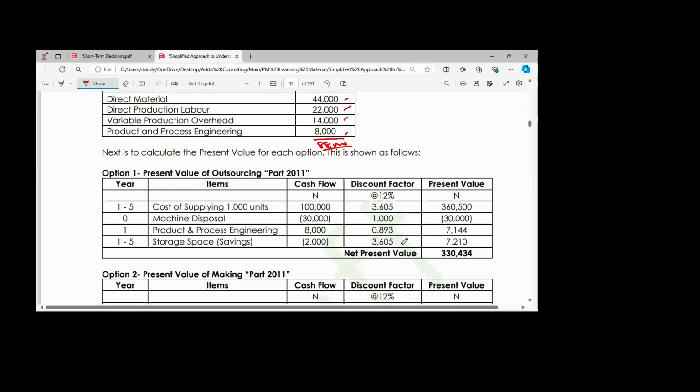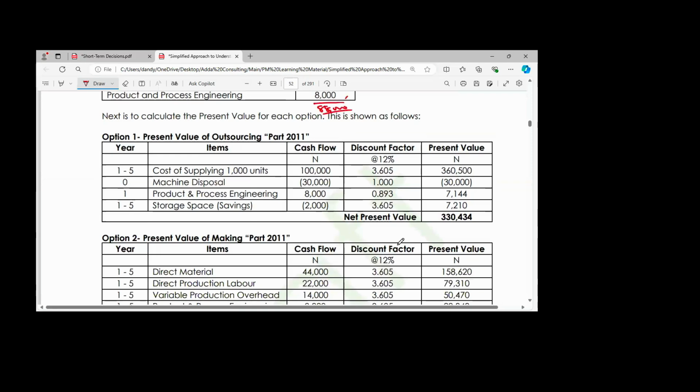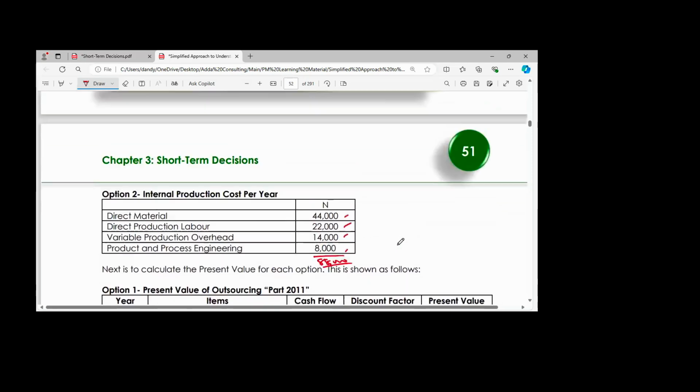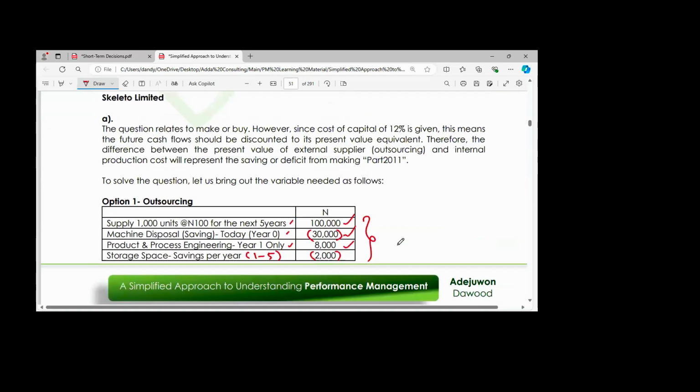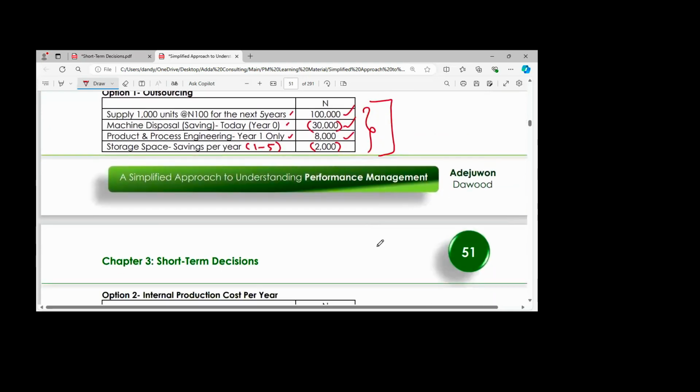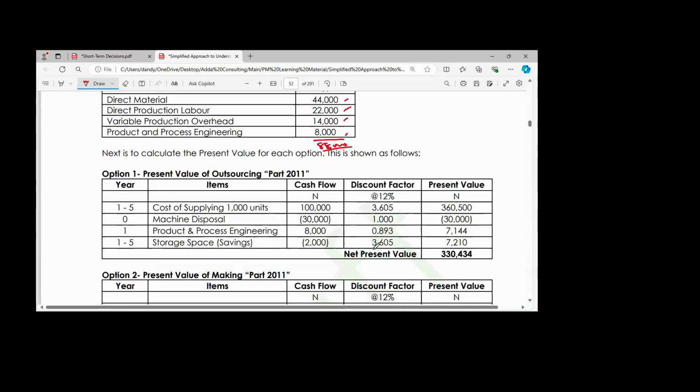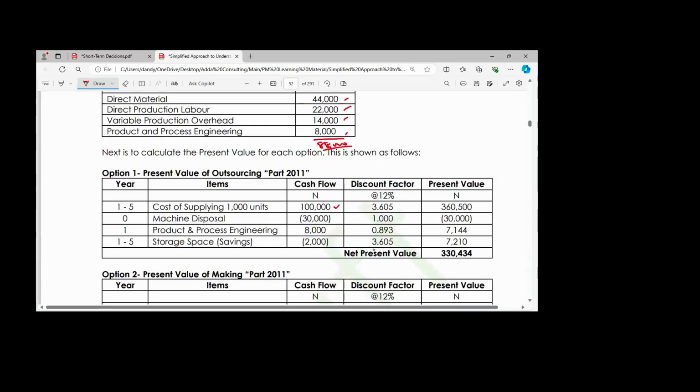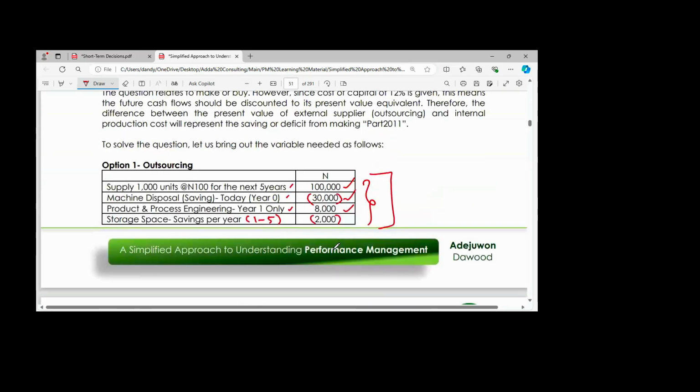So when I want to calculate my NPV, all those items that I've accounted for here, I need to go and calculate NPV for them. The cost of supplying 1,000 units is 100,000 naira. This is the 100,000 naira you have here. The machine disposal, I will go back to where I've analyzed it.